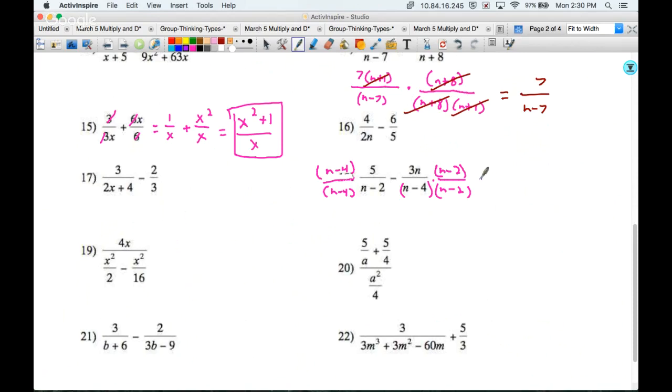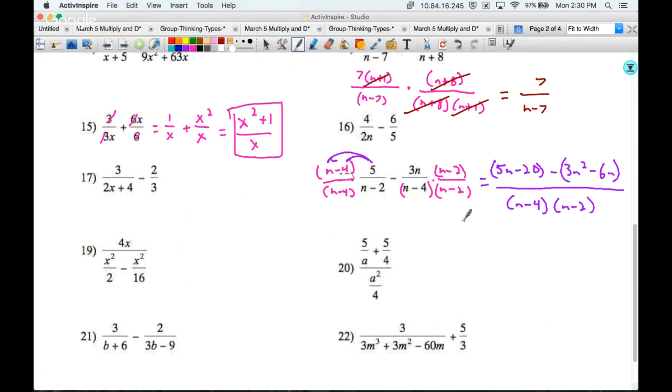So this is now going to be equal to 5n minus 20 after I distribute that 5, all in parentheses, minus 3n squared minus 6n, all in parentheses, but keep the bottom factored. Don't FOIL this. Just leave it as n minus 4, n minus 2. Let's combine like terms on the top, see what we get.